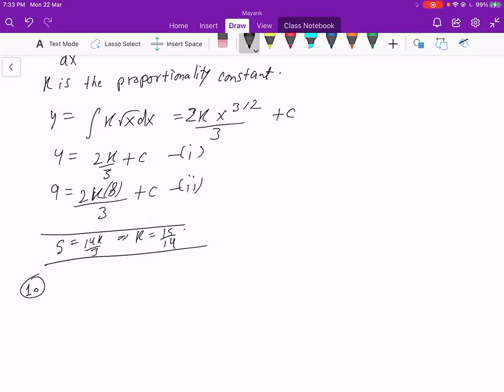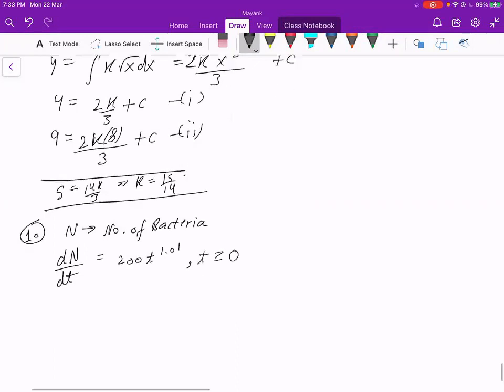Rate of growth means if N is the number of bacteria, initially being 500, then dN by dt is equal to 200 t to the power 1.01, t greater than or equal to 0. This is the equation that you will have to solve. Because rate of growth means rate of change of N, being the number of bacteria, right? Are you following? Yes, sir. So that's the catch here.